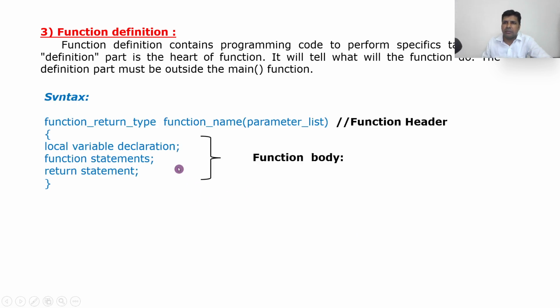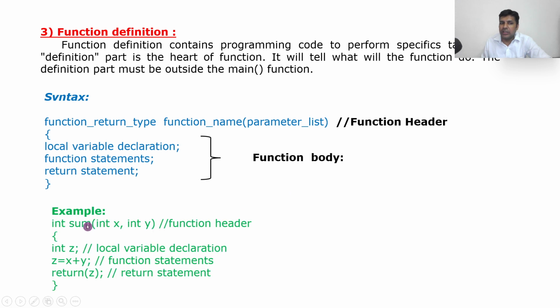Some people write it after the program, some before, but it should be written outside. In a function definition we have a function head and a function body. The function head contains the function data type, function name, and parameters, and the function body contains local variable declaration, function statement, and return statement.